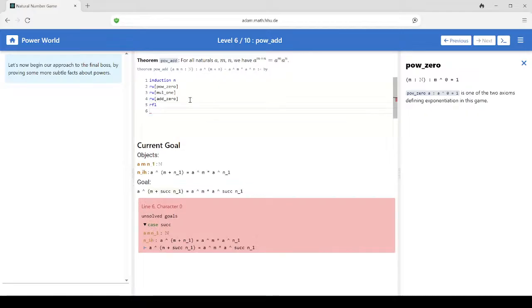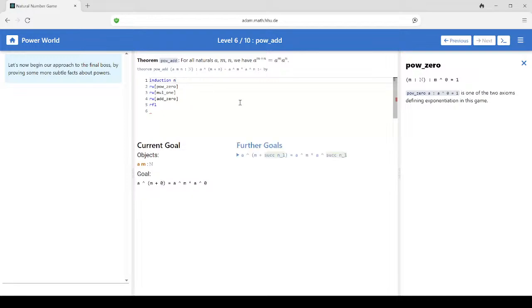Reflect. Now, oh no, we're back in one of these situations. N_1. Can I name it something nicer?